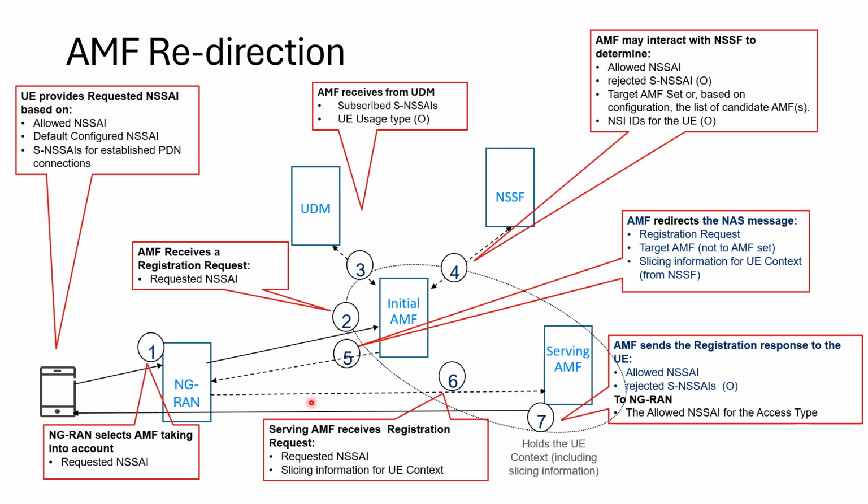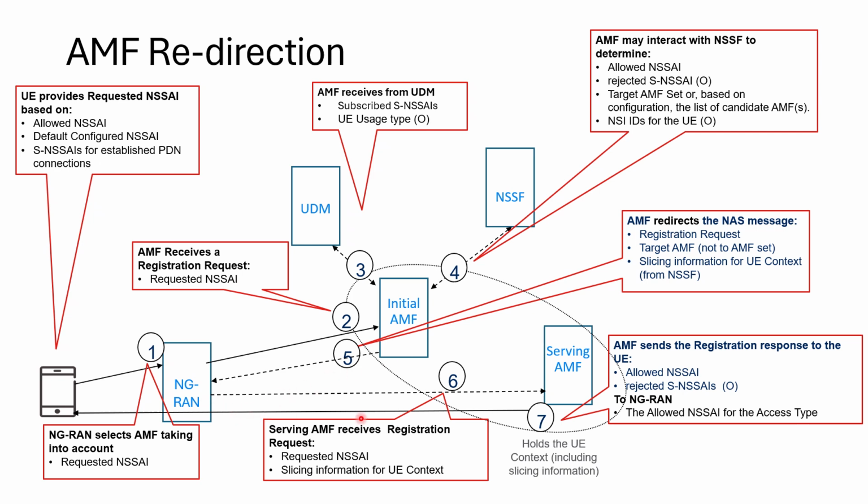Now in step 5, the initial AMF accepts that it is not the right node for that particular job. So it encapsulates the original NAS message, the registration request, along with all the slicing information it got from the NSSF, and routes it directly across the core to the target AMF.